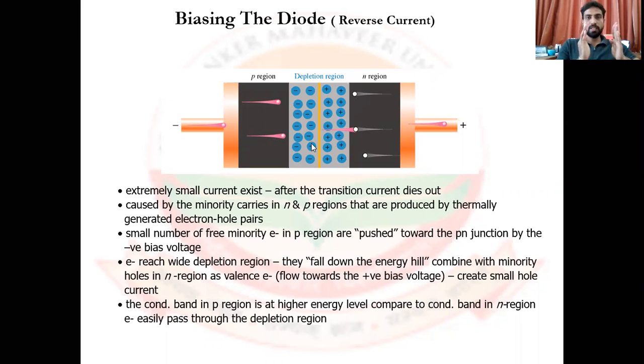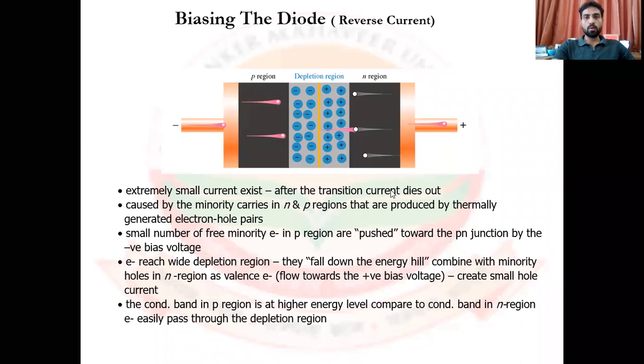A barrier has been created, which opposes the further movement of charge carriers from N to P and P to N. Now when we apply a certain voltage across this diode, we have to take care whether this voltage is supporting the potential barrier or opposing it. If it supports the potential barrier, the potential barrier will increase. If it opposes the potential barrier, the potential barrier will reduce.